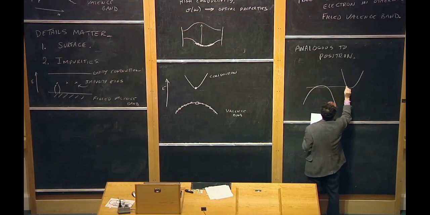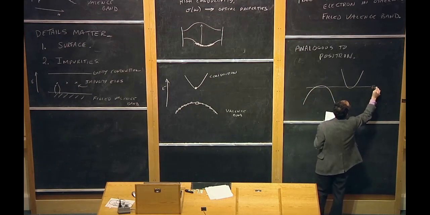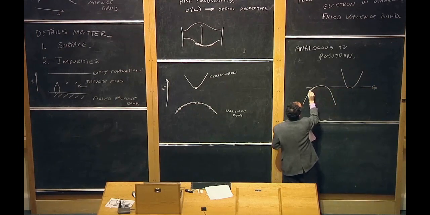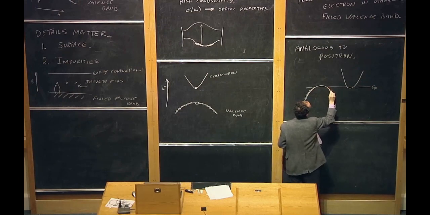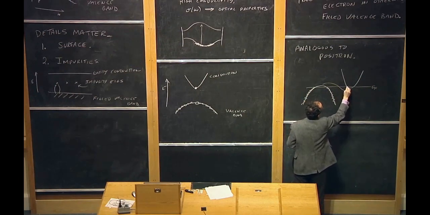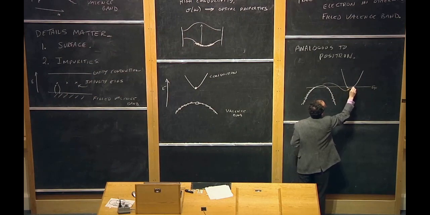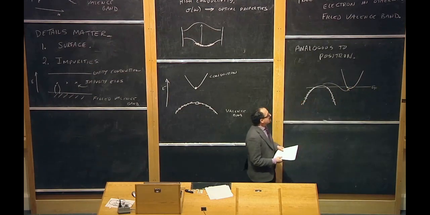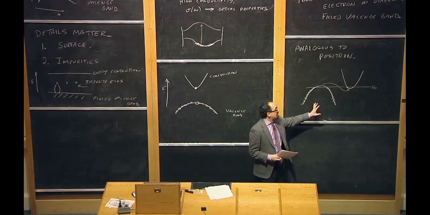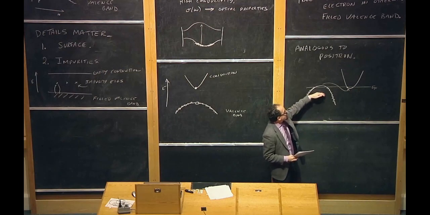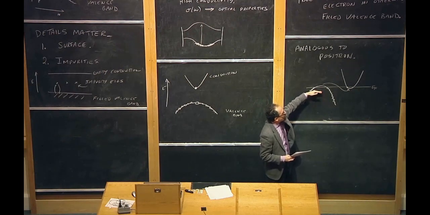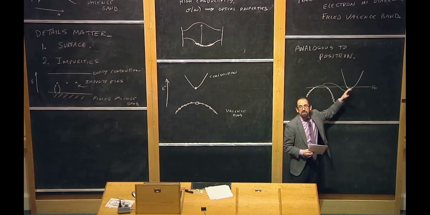If the bands overlap by a little bit, here's EF, then these states will be filled in the valence band, but the states on the top of the valence band will unfill and fill the lowest states in the conduction band. And this is exactly what we saw in the case of calcium earlier today, that the lowest band is not quite filled, and the second band is just starting to fill.